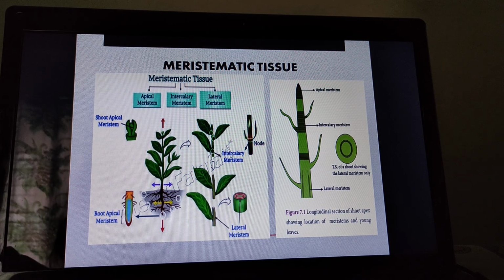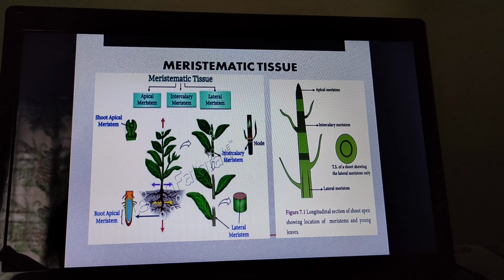So where is the position of the intercalary meristem? Present in between the permanent tissue. Here is no apical meristem present, means already here in between the permanent tissue growth division already completed in this portion, but sometimes here meristematic tissue found.